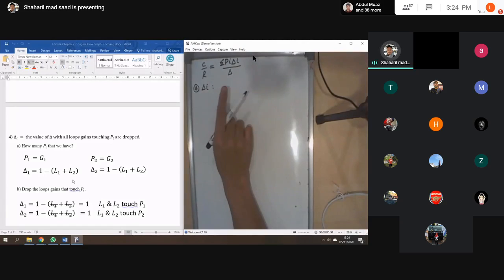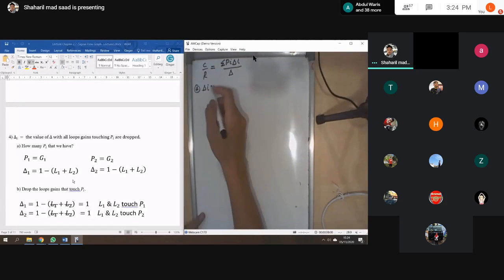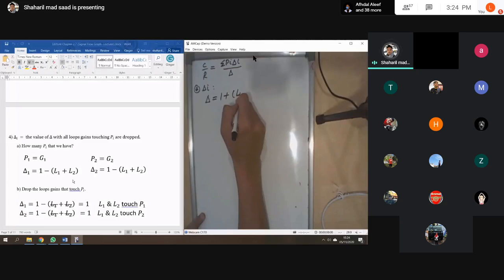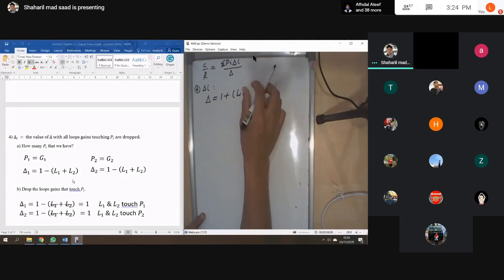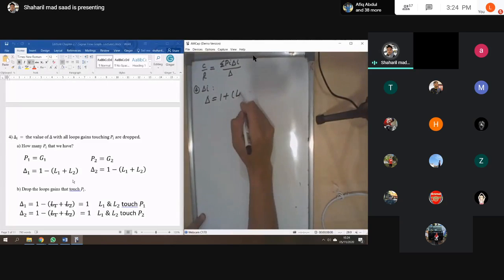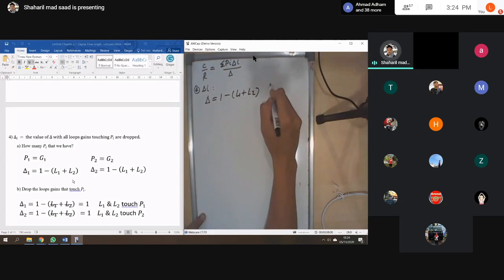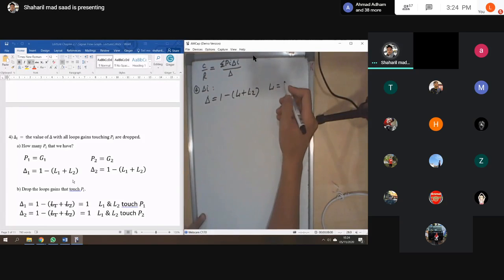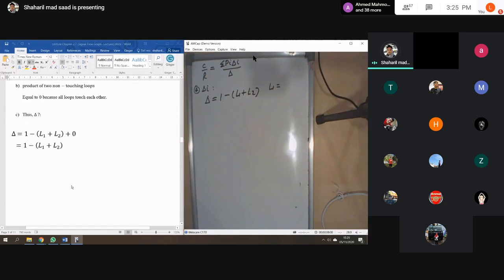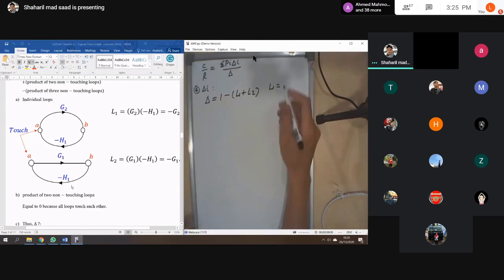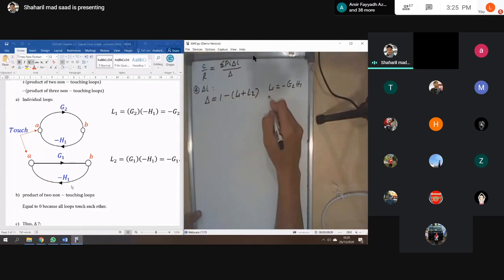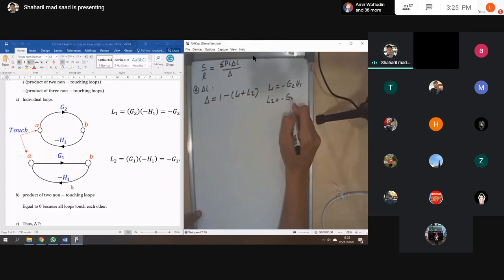So you want to drop the value. Okay. So that's mean you got it is delta 1 minus L1 plus L2, where your L1 is equal to minus G2H1 and L2 minus G1H1.